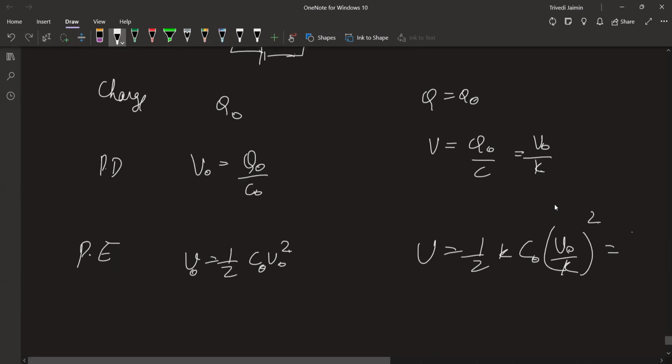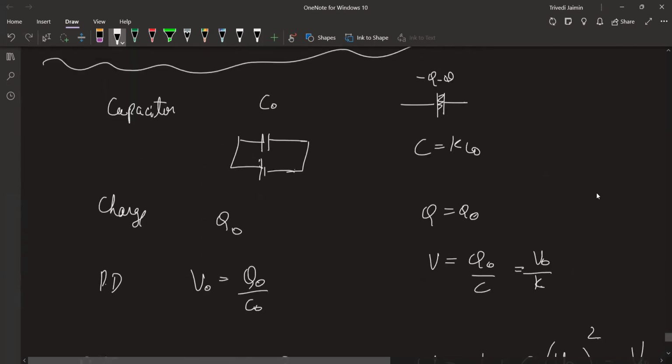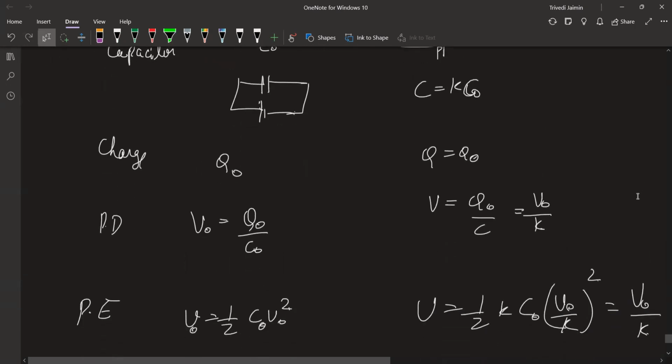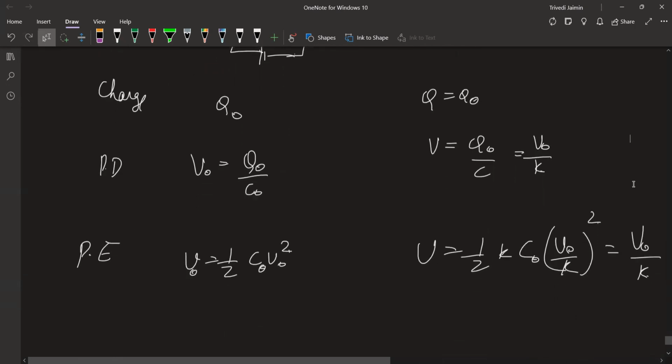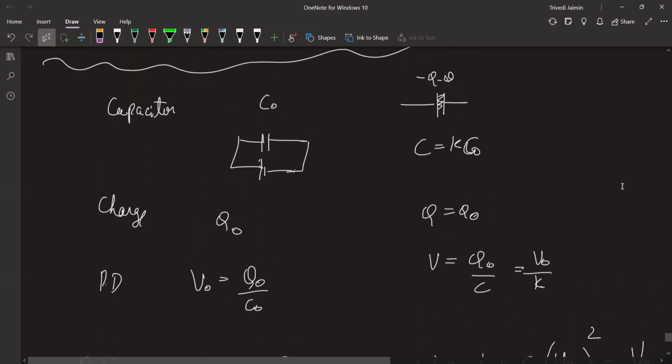So this equals U naught by K, because C equals K C naught and V equals V naught by K. Shall I make a box like this?